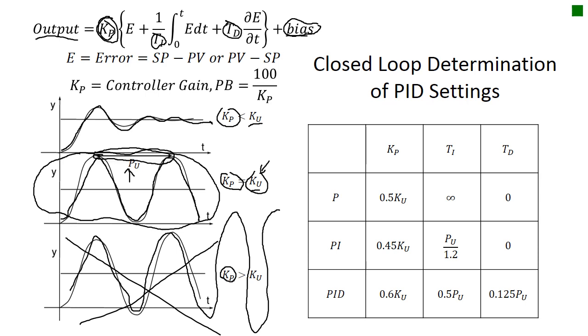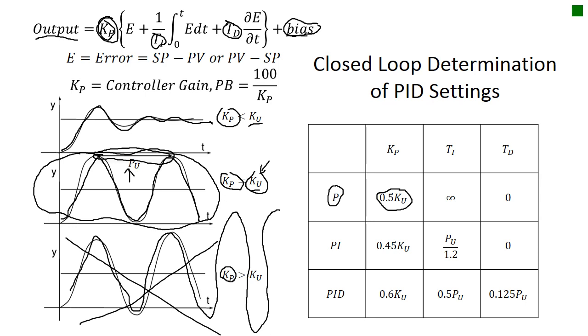Sometimes you want proportional only control, which we call P control. In that case, all we have is a gain, and we don't have an integral or derivative time constant. In that case, the proper value of our gain would be 0.5 times the ultimate gain.